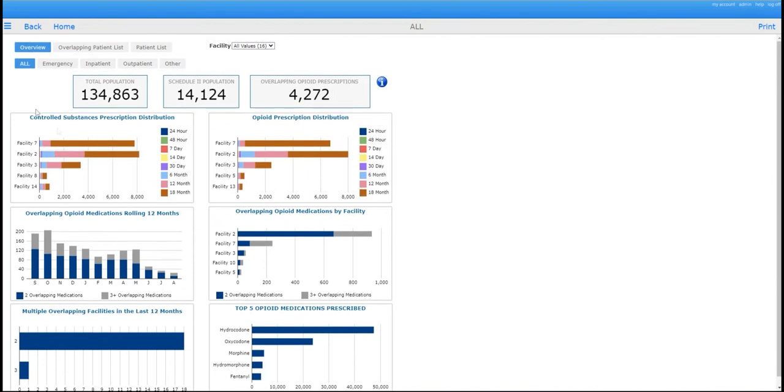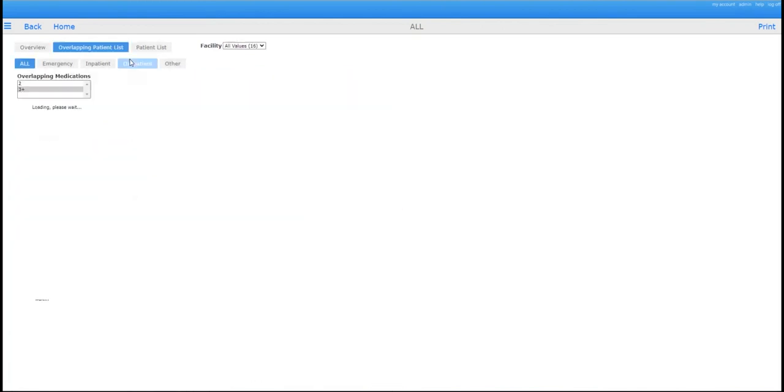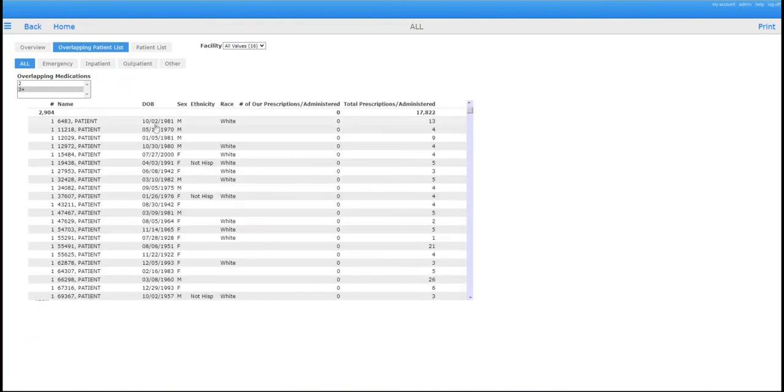I'm going to take you directly into one of these drill down lists so you can see your patients that have 3 or more opioid prescriptions, or that have had 3 or more opioids administered to them in an inpatient or emergency room setting.